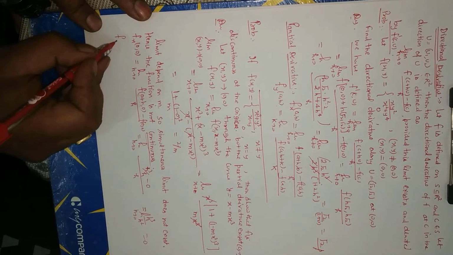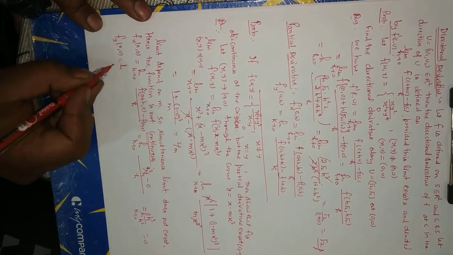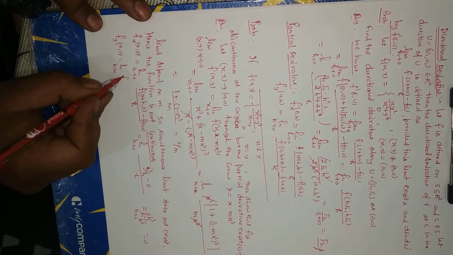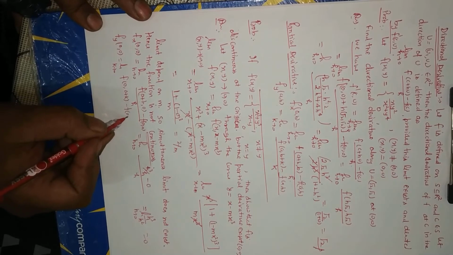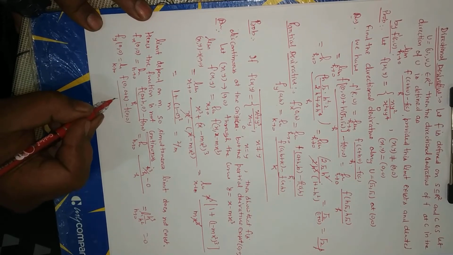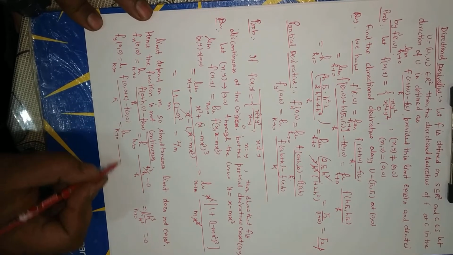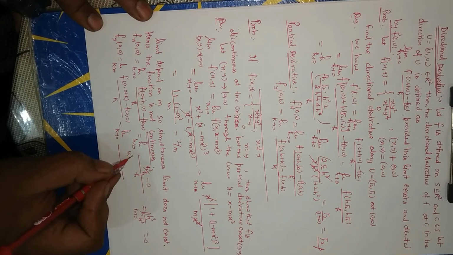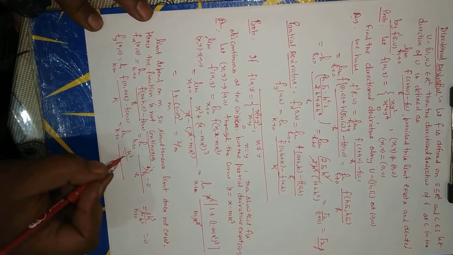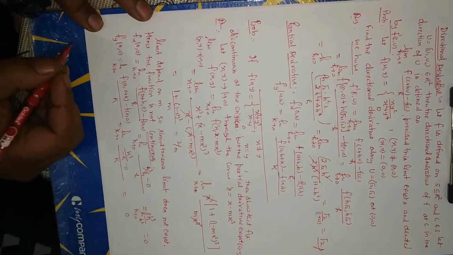Similarly, the partial derivative with respect to y at (0,0) is equal to the limit k tending to 0 of f(0, 0+k) minus f(0,0) upon k. The value of this, k cube minus 0 upon k, will be 0.